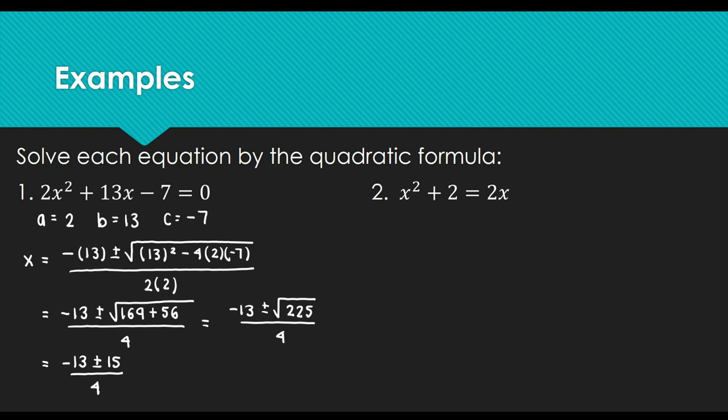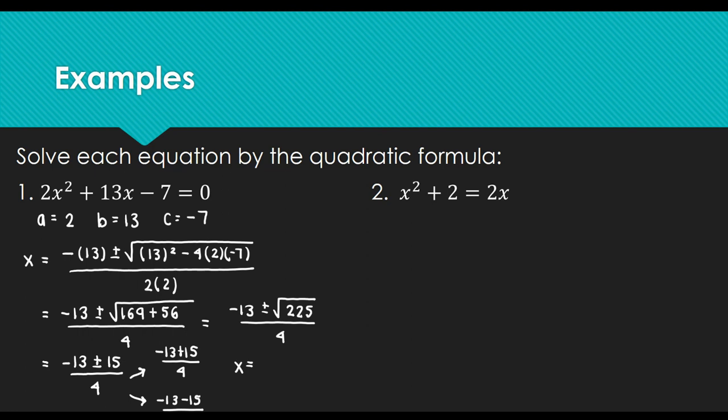And so because we were able to get a perfect square, no more radicals means that that plus or minus symbol, we actually get to break this up. So once again, quadratic equation, we're going to have two answers. So we'll have -13 and we'll add 15 and divide by 4. And then we'll have -13, we'll subtract 15 and we'll divide by 4.